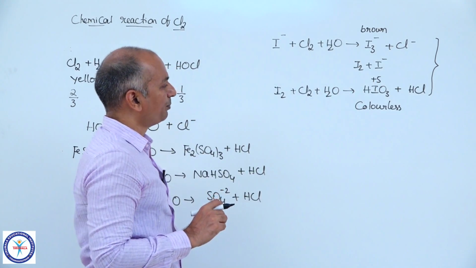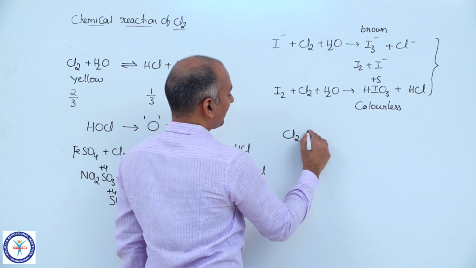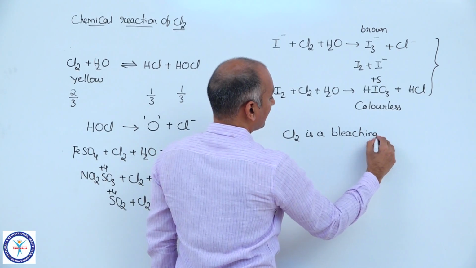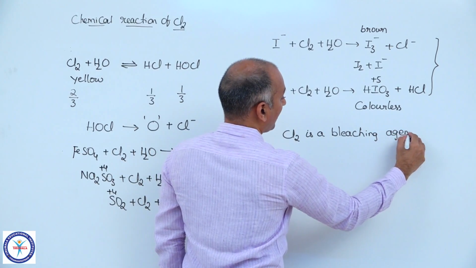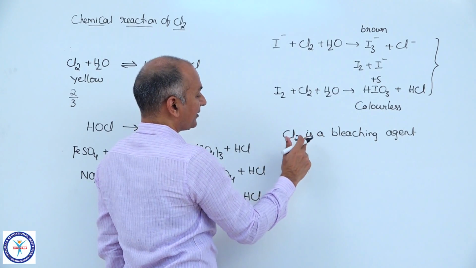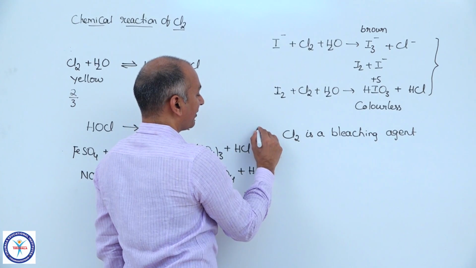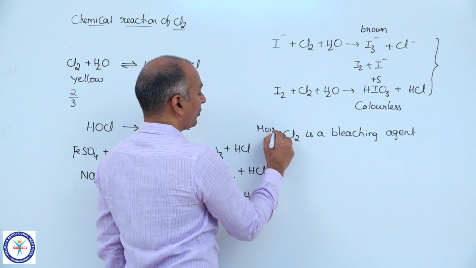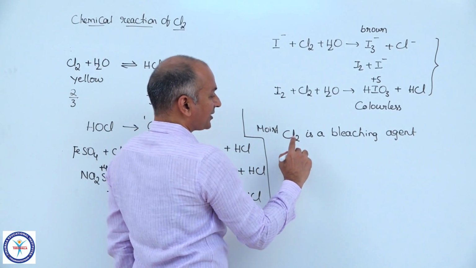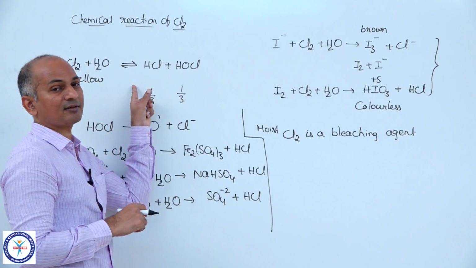Okay, and if you come to the bleaching action of chlorine, chlorine is a very powerful bleaching agent. Of course, when we use chlorine as a bleaching agent, we take moist chlorine, not dry chlorine, and that is because of the release of nascent oxygen. And all of you please look at this reaction.